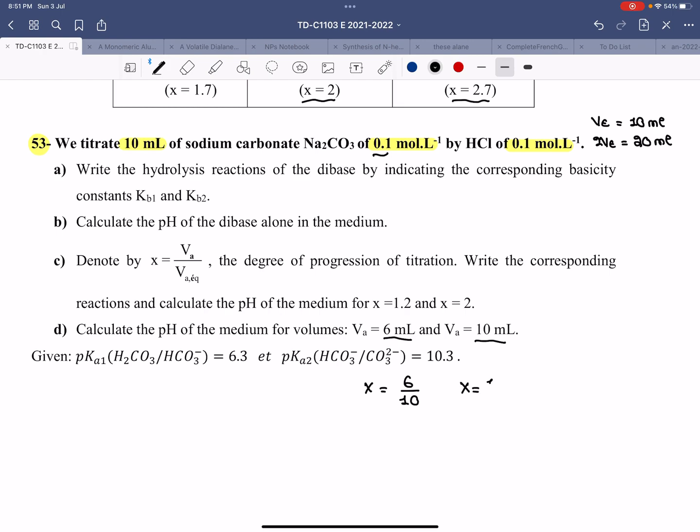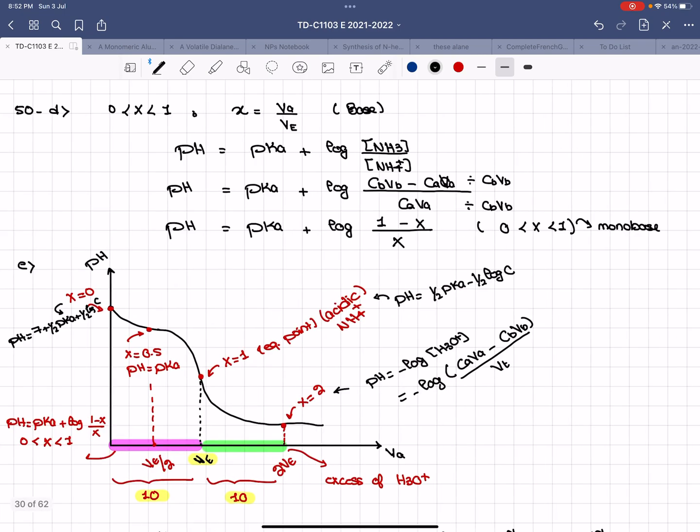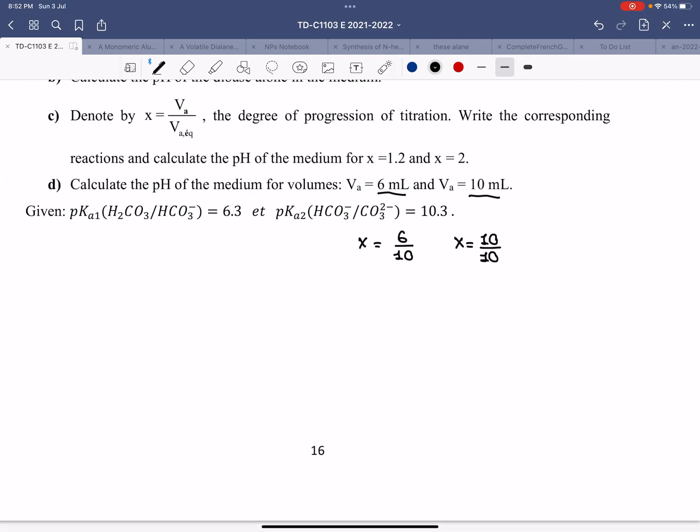X equals 10 divided by 10. Okay, so it's 6 divided by 10, 10 divided by 10.